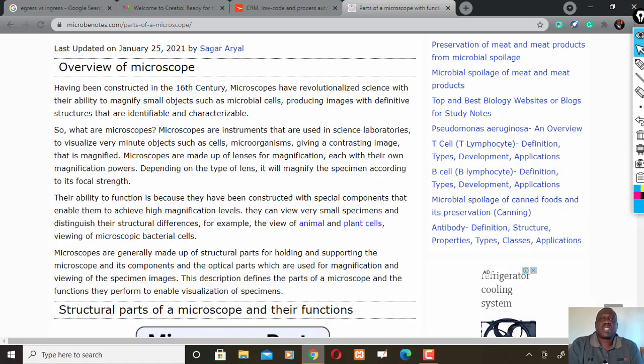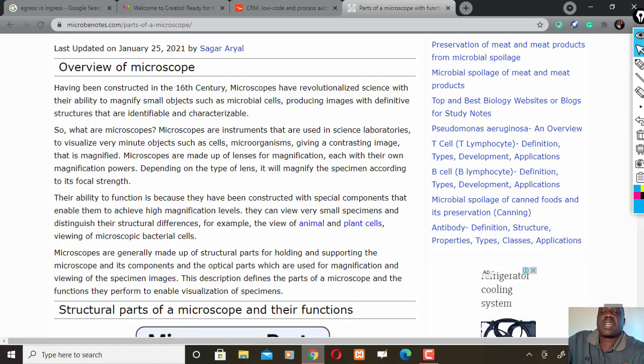So what you're saying here is that you can classify the parts of a microscope into two: the structural parts that enable the holding and supporting of the microscope itself and the components, and the second part is the optical part, which is used for magnification and viewing of the specimen images. This description defines the parts of a microscope and the functions they perform to enable visualization of the specimen.